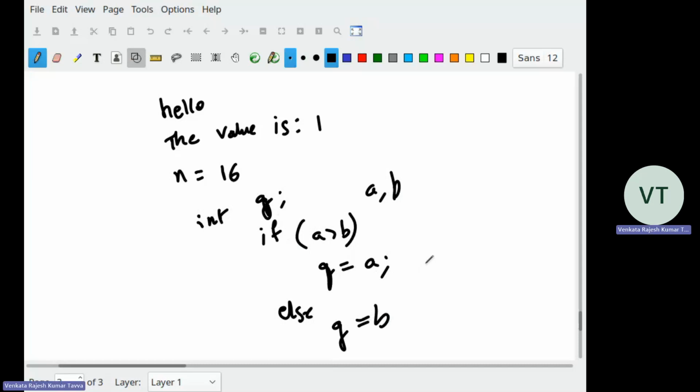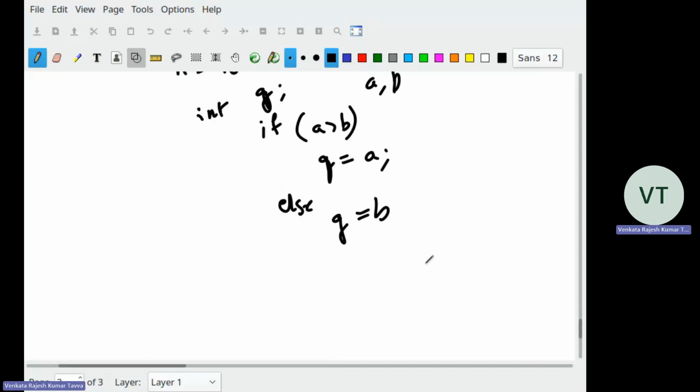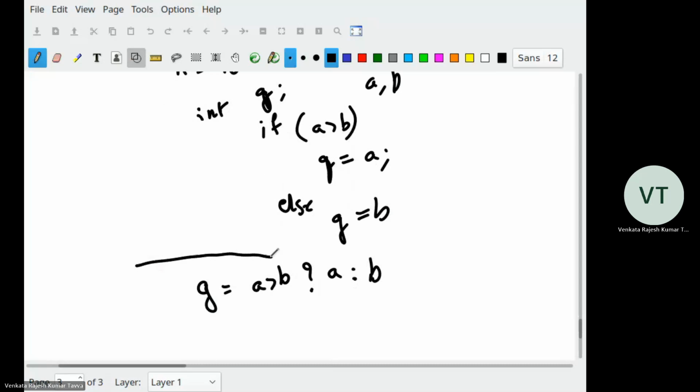All right. Now this same thing, instead of writing 4 lines, I can simply say G equal to A greater than B question mark A colon B. What does this mean?